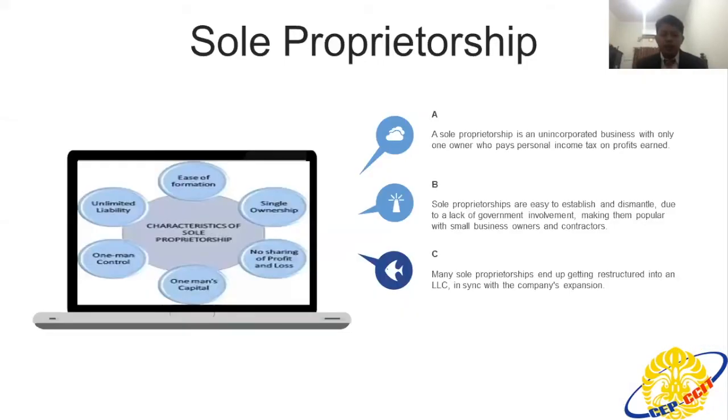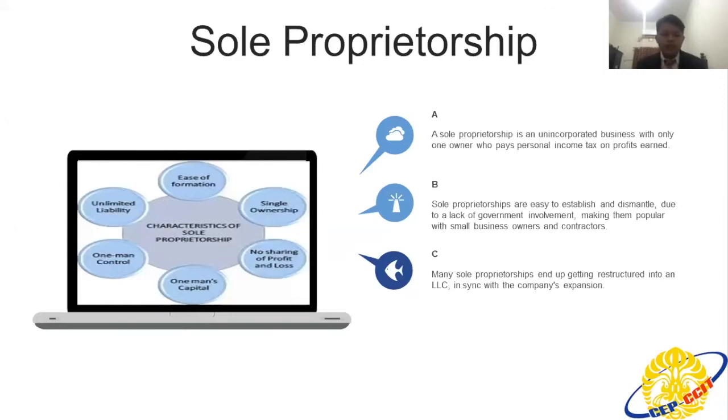A sole proprietorship is an unincorporated business with only one owner who pays personal income tax on profits earned. It is the easiest type of business to establish or take apart due to a lack of government regulation.